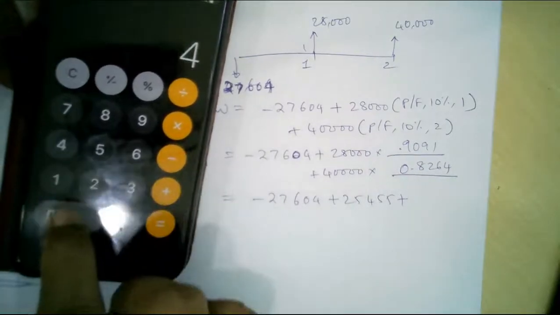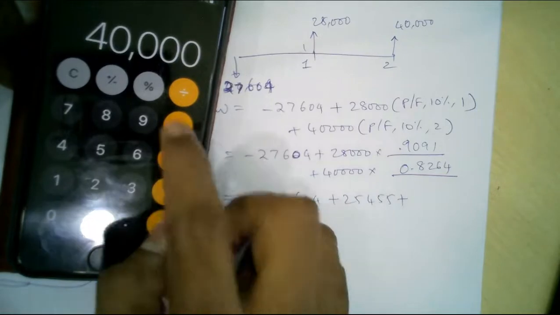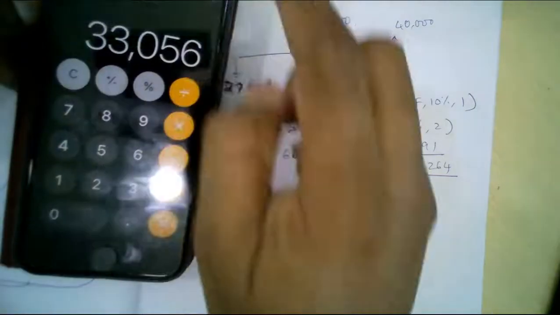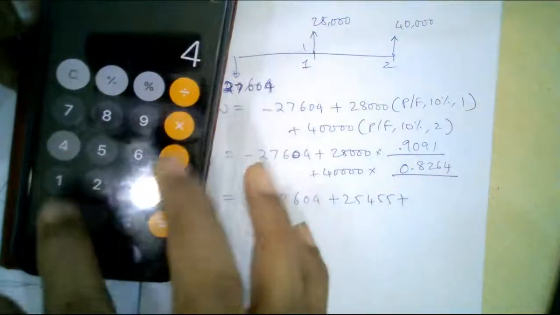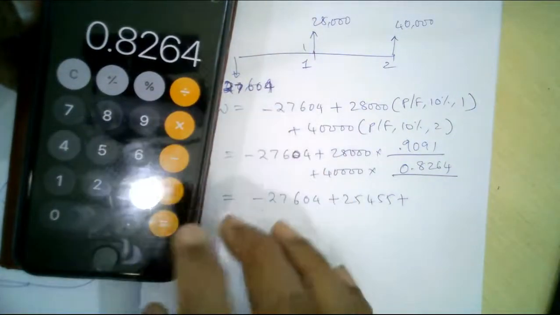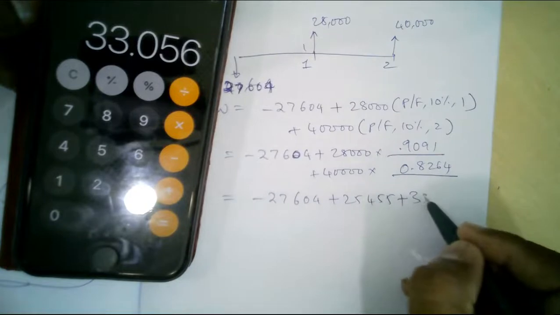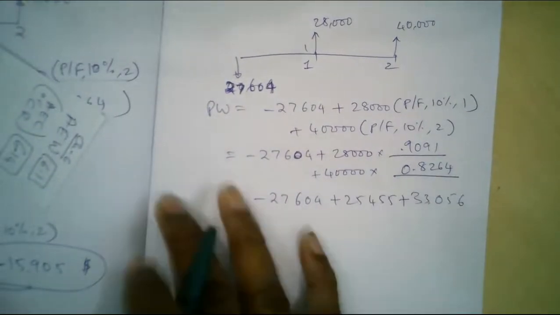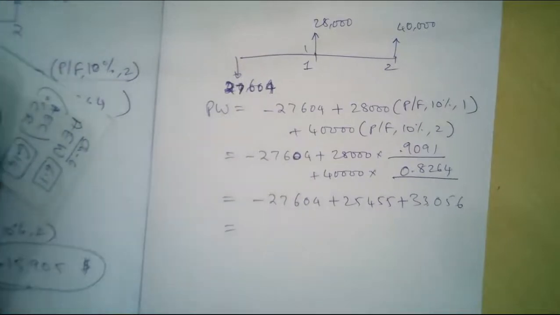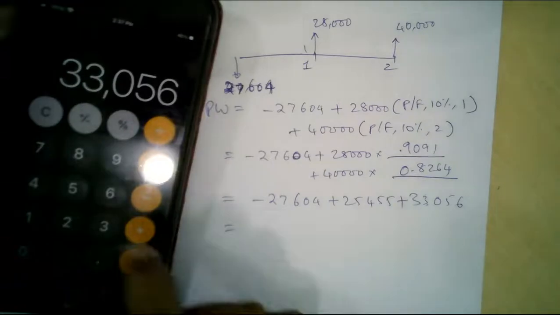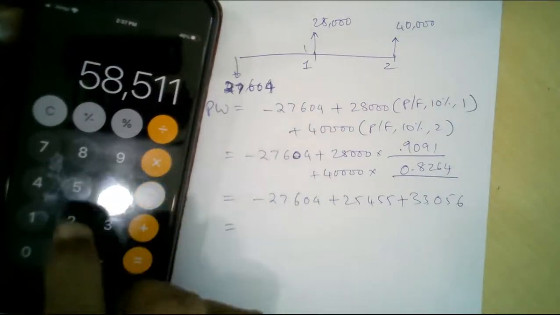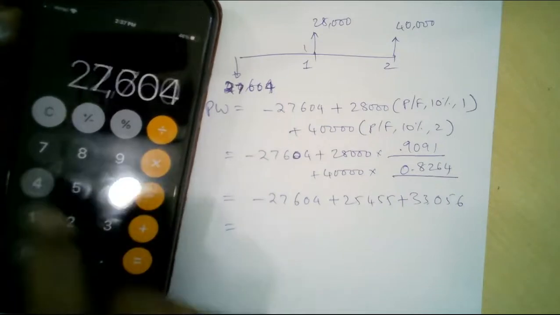Then I have 40,000 multiplied by 0.8264, which is 33,056. So this one now I need to find: plus 25,455 minus 27,604.